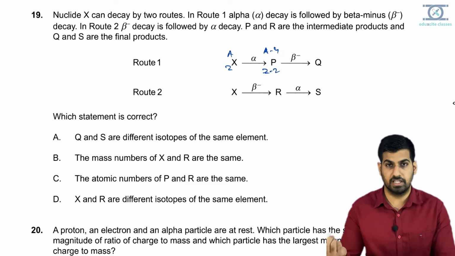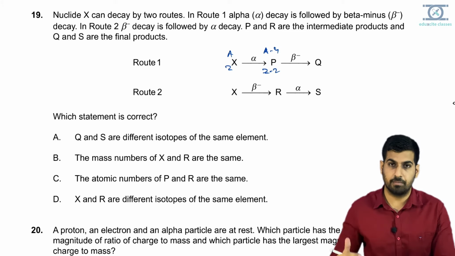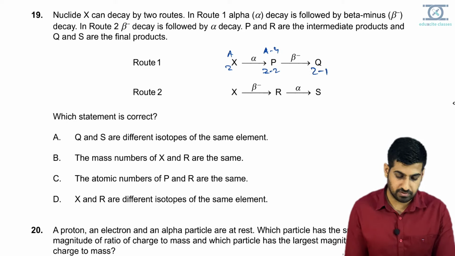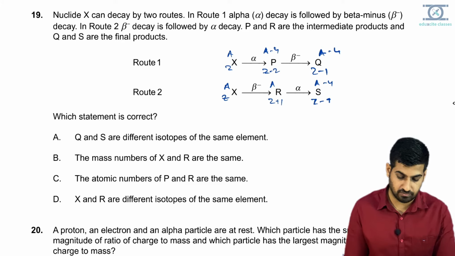For beta minus, an electron has been emitted, so there will be an overall positive charge, so that is Z plus 1 here. Similarly, for beta minus, if this is A, Z, this will be A only and Z plus 1. Again then alpha, it will be A minus 4 and Z plus 1 minus 2, that will give you Z minus 1.